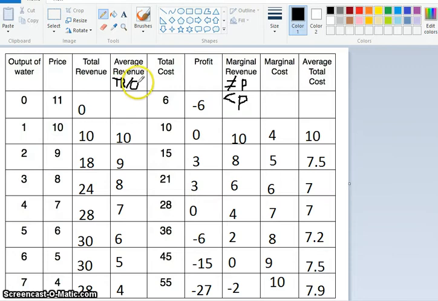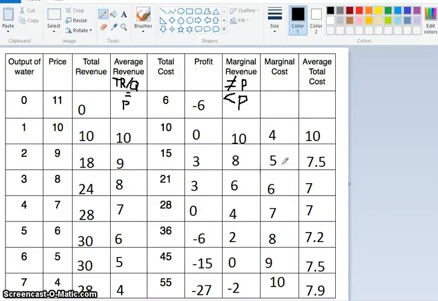Our average revenue tells us our price. If you notice, they are exactly the same. Okay? So your average revenue is now your price, and you notice that your average revenue is above your marginal revenue at every quantity except for the very first one. And some people, depending on the graph, may graph that a little bit different, but they can start together.